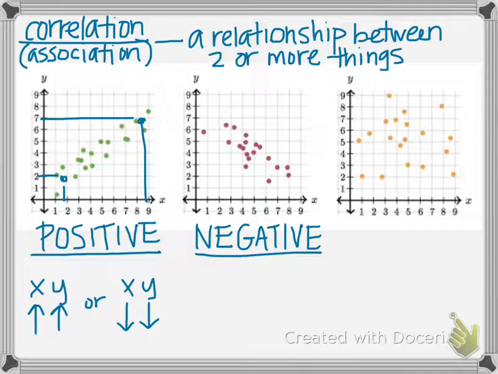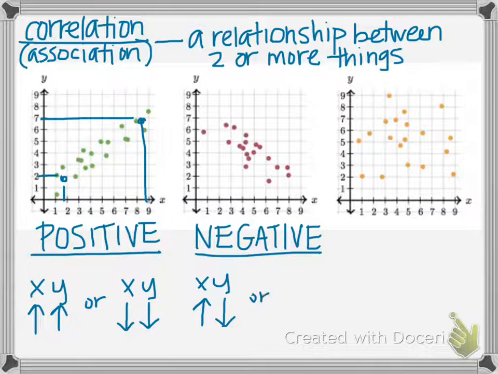The middle graph is an example of a scatterplot that shows a negative correlation. It looks like the graph goes down from left to right. So one way we can imagine this is that as the x values increase, the y values decrease.